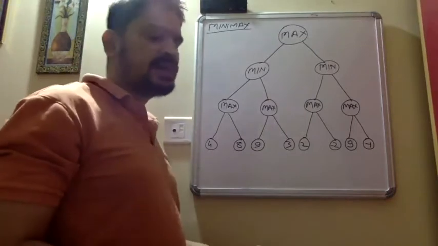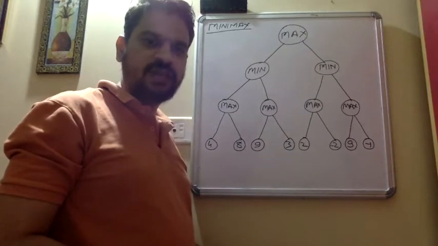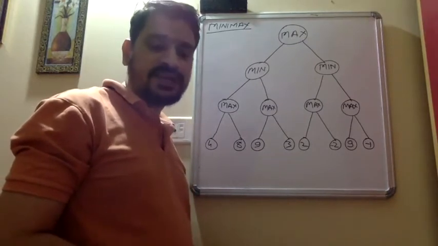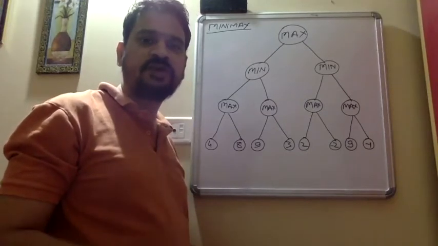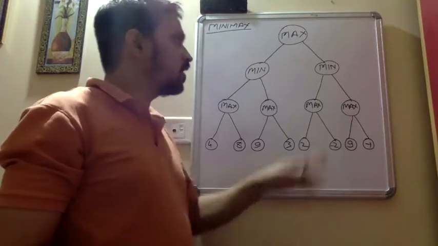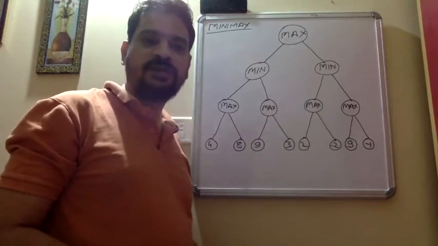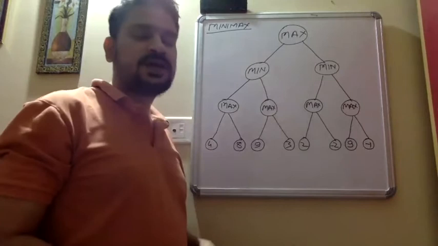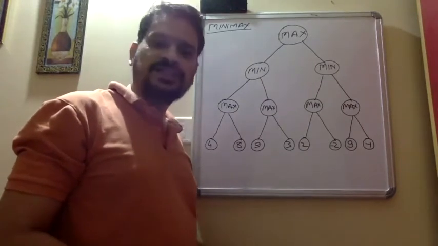Now, as I told you, we have a variable v, and for the maximizer the value of v will be initialized with minus infinity, and for the minimizer the value of v will be initialized with plus infinity. So for max, v is initialized with minus infinity, and for min, v is initialized with plus infinity.